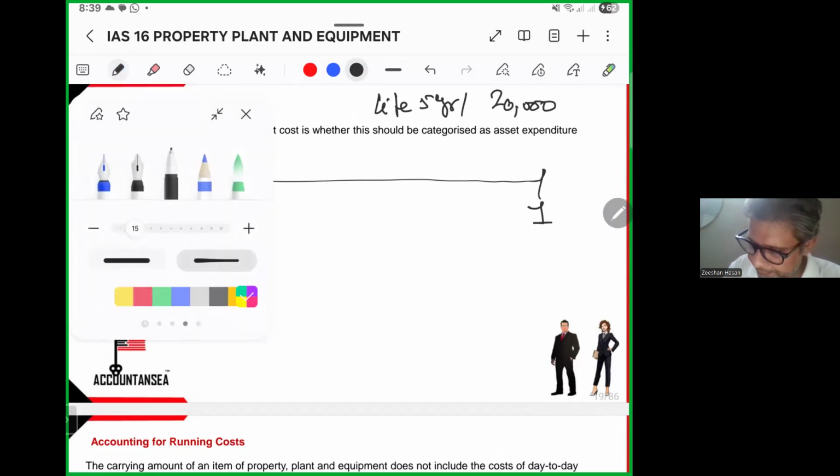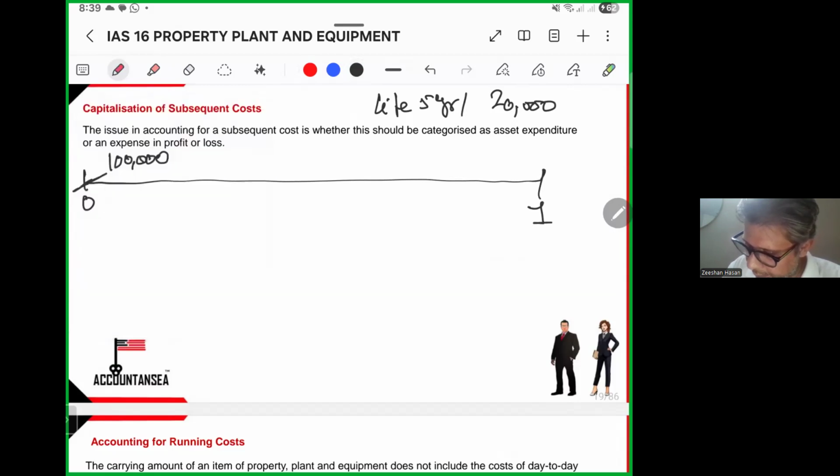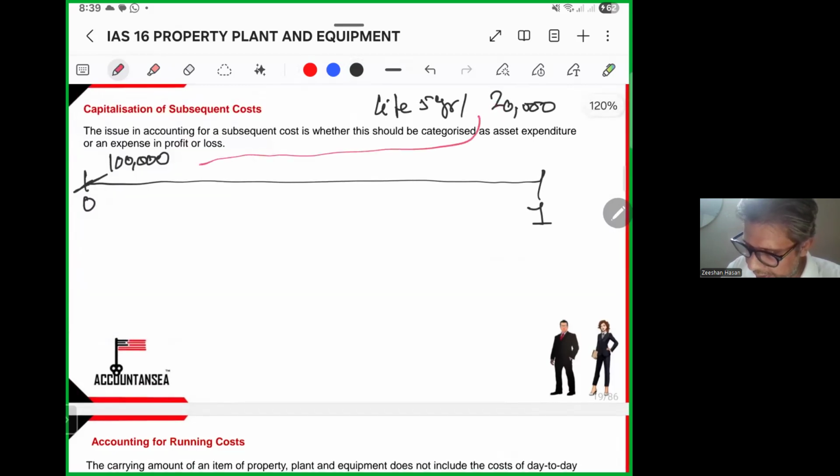Each year depreciation is $20,000. So first year depreciation $20,000, second year depreciation $20,000. So here the net book value of the asset is $60,000, right?